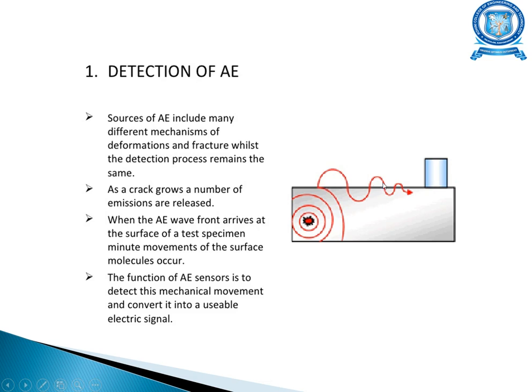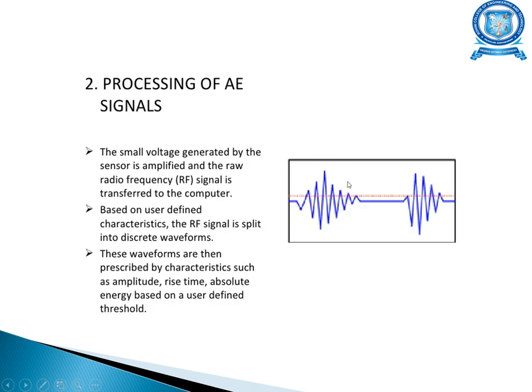A minute movement of the surface molecules occurs, and the sensors detect this mechanical movement and convert it into usable electrical signals, which are transmitted to the circuitry unit and displayed on the CRT monitor as a signal.